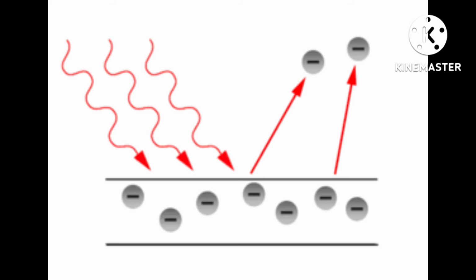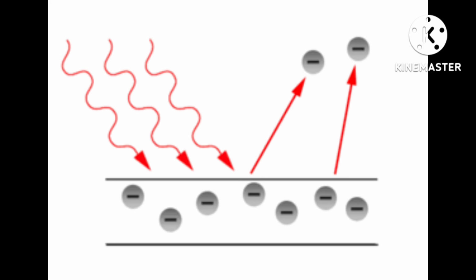Nu 0 is frequency, h nu 0 is energy. This is also called work function, W0, where W means work. It is the minimum energy required to eject the electron.